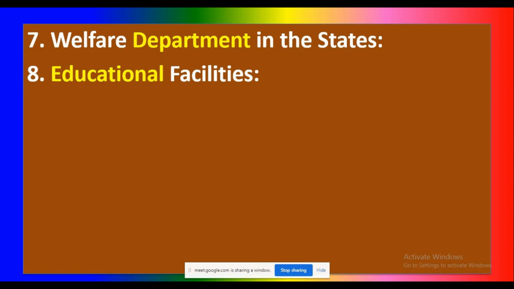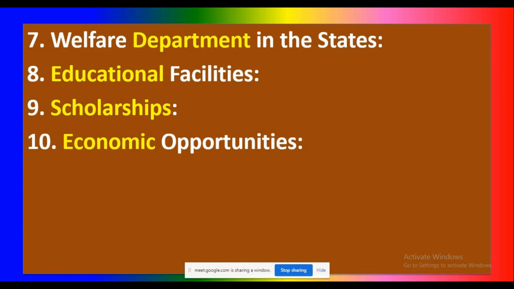Mainly scholarships, free and fair education, and reservation in higher education, for example, MBBS, nursing, etc. Then scholarships from the school level, secondary, higher secondary and college level. Mainly free education is given by the government.